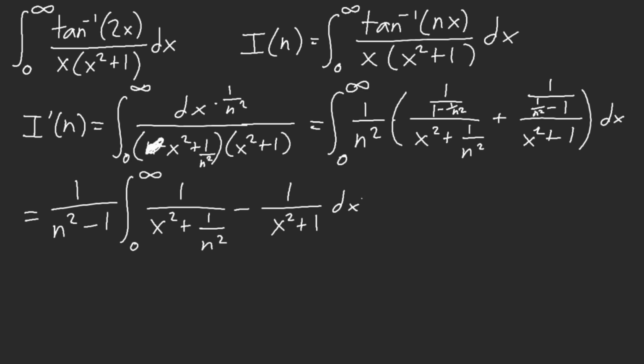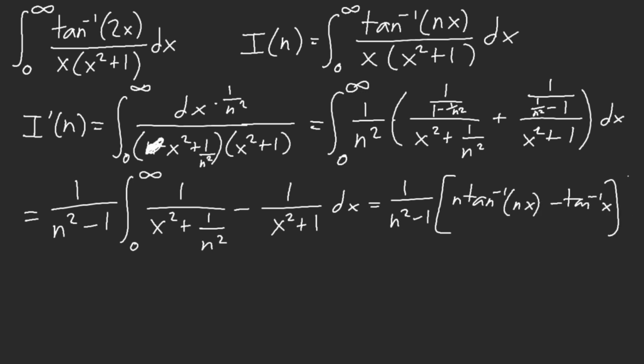And this is not bad. We get 1 over n squared minus 1 times n inverse tangent of nx minus inverse tangent of x, from 0 to infinity.